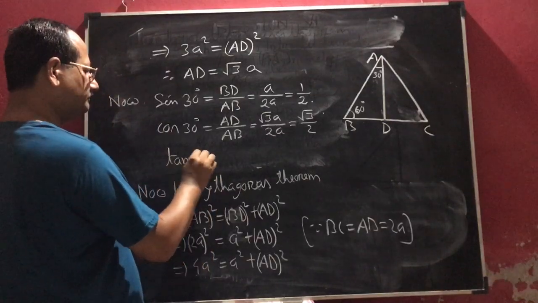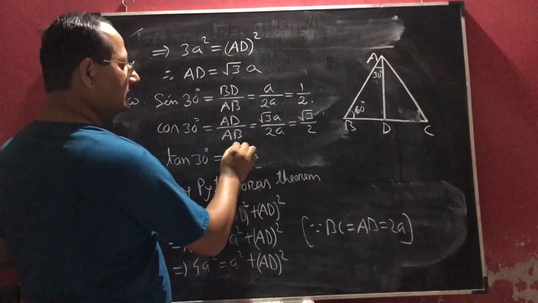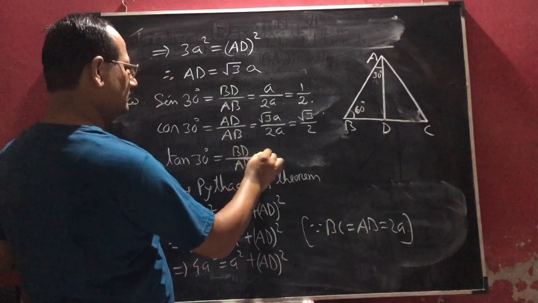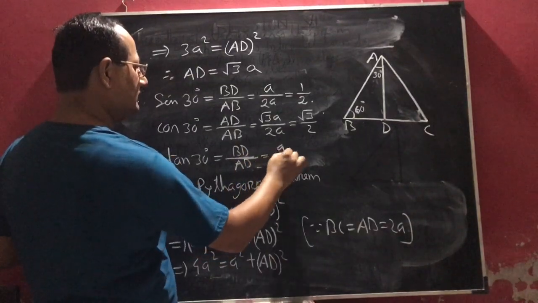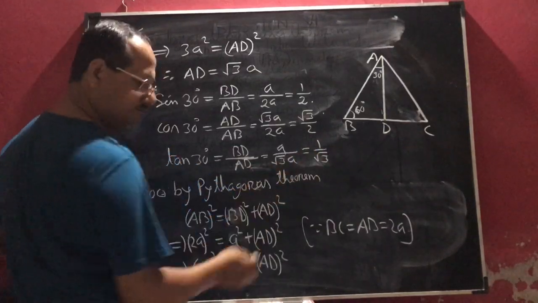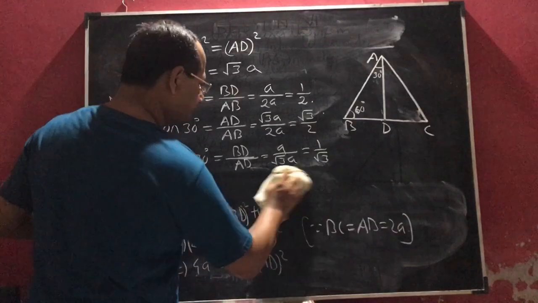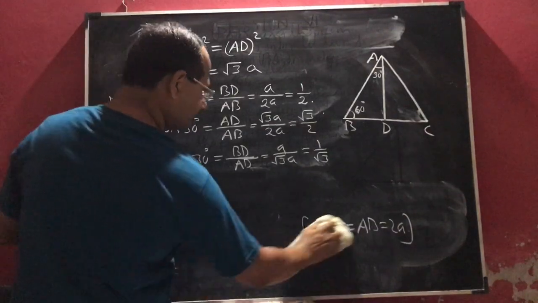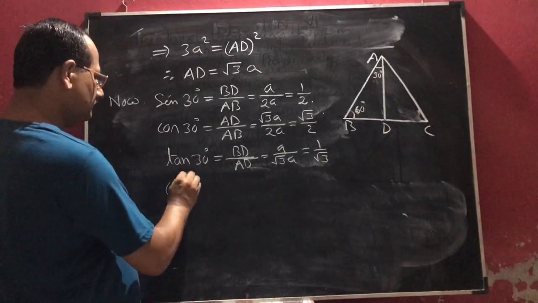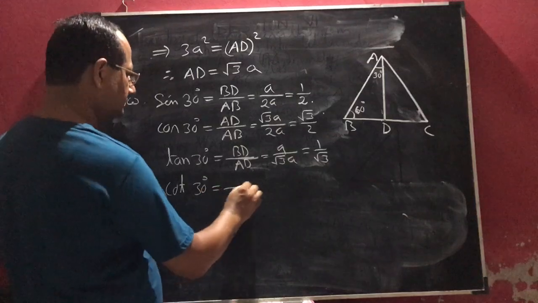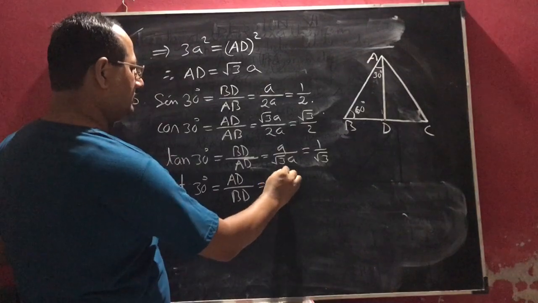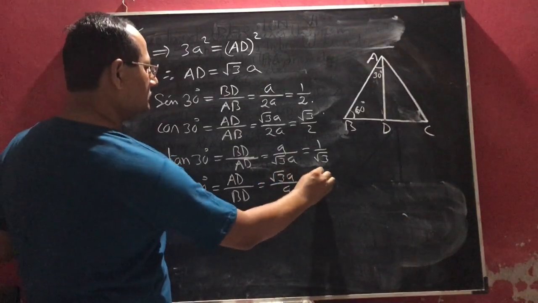Tan 30 degree is BD by AD. BD is a, AD is root 3 a, that is equal to 1 by root 3. Cot 30 degree is AD by BD, root 3 a by a, that is equal to root 3.